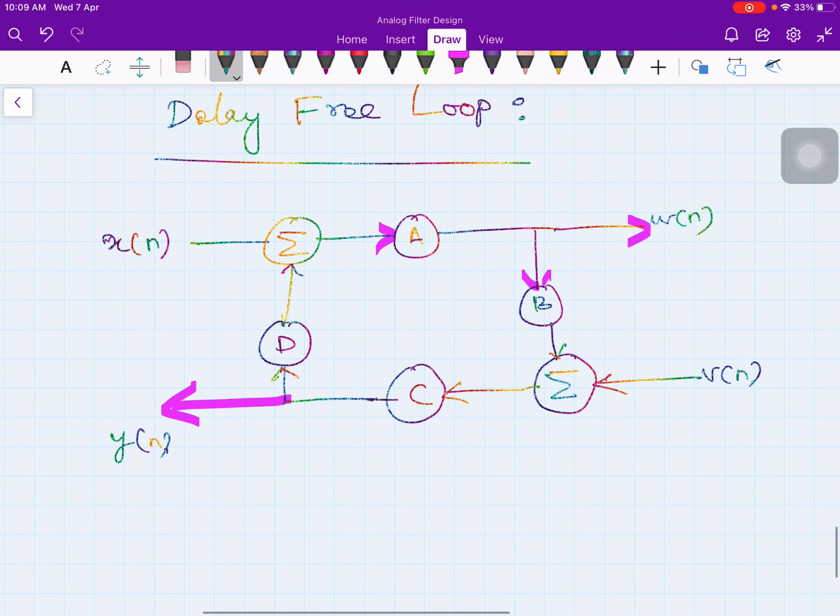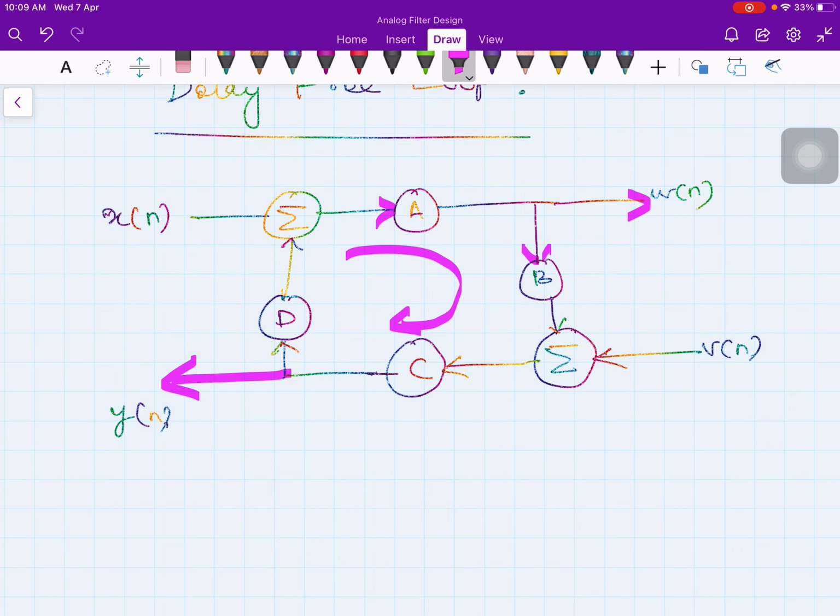If you look at this loop, there is no delay. Okay, only you have 4 multipliers, A, B, C and D. There is no delay. So whatever x of n comes, it gets multiplied by A instantaneously, then multiplied by B instantaneously, gets added to V, then multiplied by C, and then by D, again comes back.